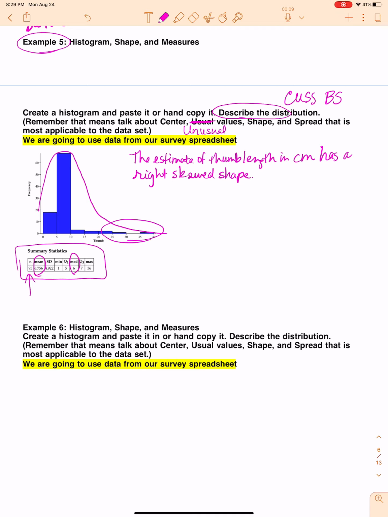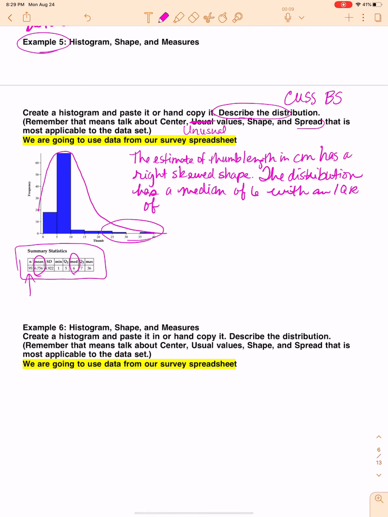I'm just going to say something like this: the distribution has a median of 6 with an IQR of, and the IQR is a measure of spread.